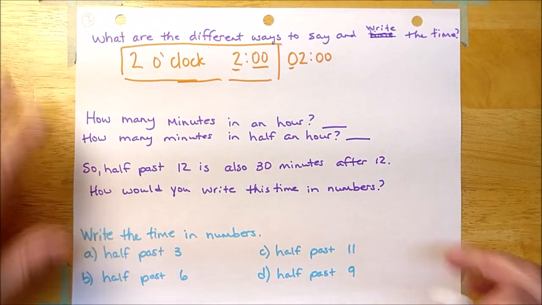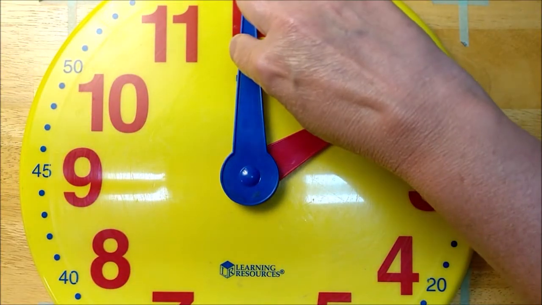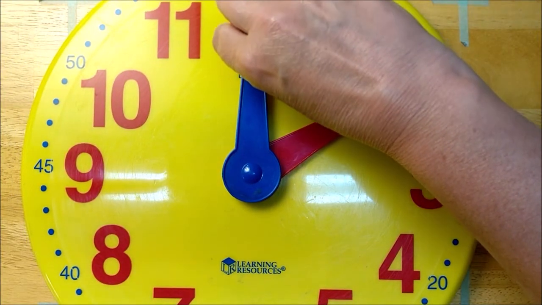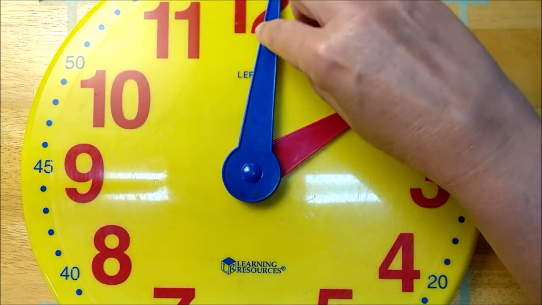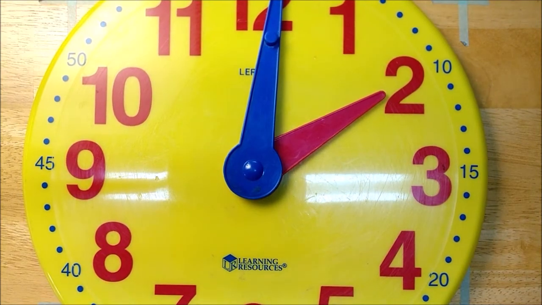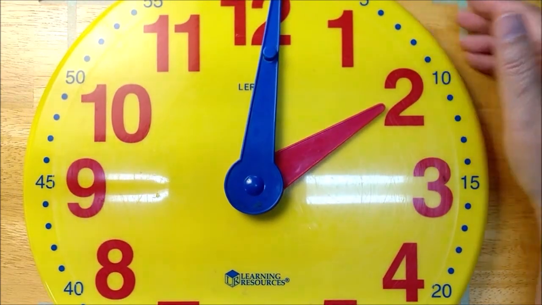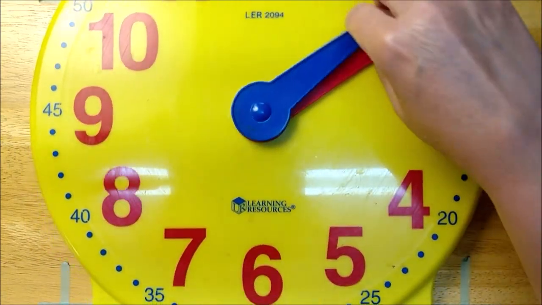Okay, so now I got my clock back. In 1 full hour the minute hand goes around 1 whole circle. How far around the circle will it go in a half an hour? If I'm going to go a half an hour, where would that hand stop?